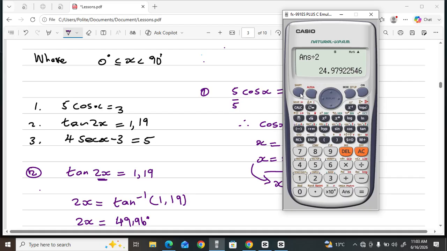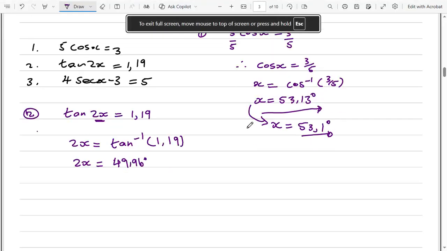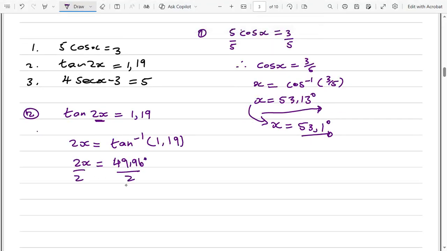If we round this off, it's going to be 25.0. So to one decimal place, divide both sides by 2. Therefore, x is 25.0. This is easy, right?